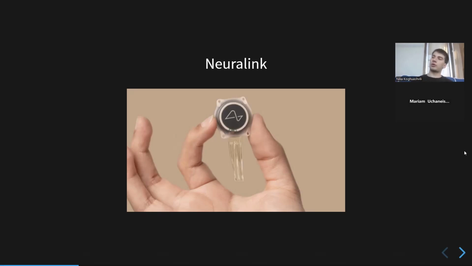Basically how it works is, if you remember from the first lecture, we have an area here called the motor cortex. Every time we want to move any part of our body, like our hands or our fingers, we have to send out signals from the motor cortex. In paralyzed people, the signals don't get all the way to their hands, but they are still created in the motor cortex.